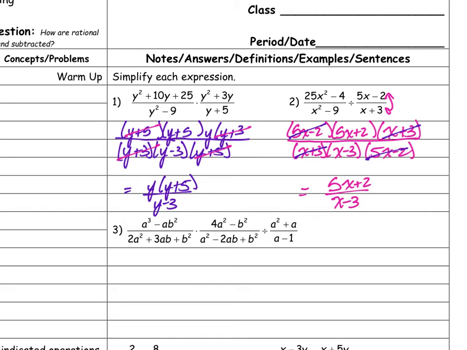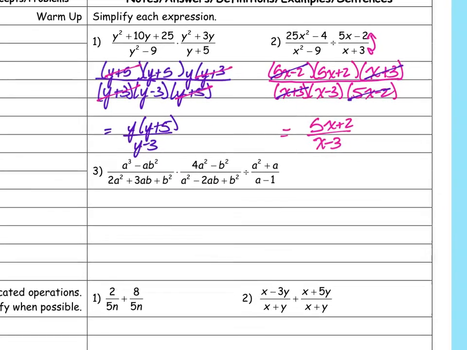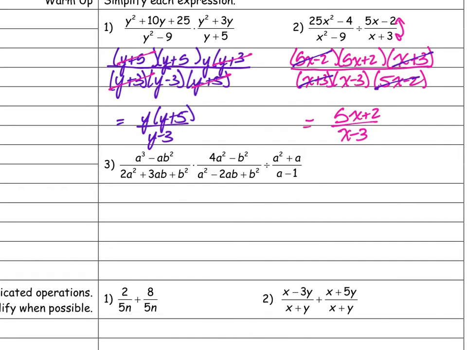Okay, beautiful. And then the next one, I'm going to factor this puppy. And if I take an a out of this, I get a times a squared minus b squared. So that becomes a times a minus b and a plus b.